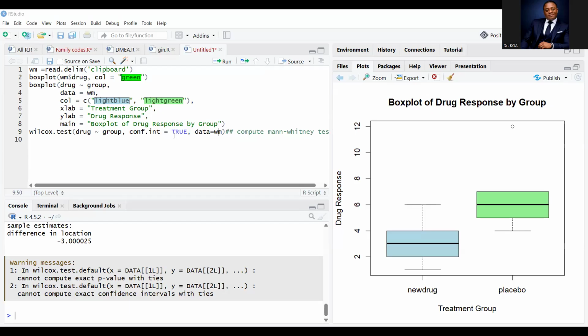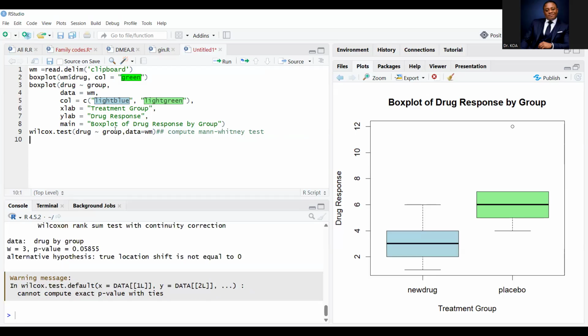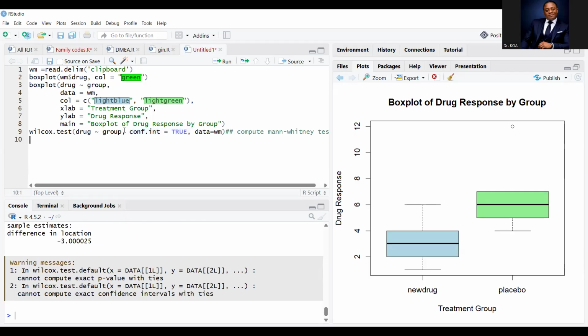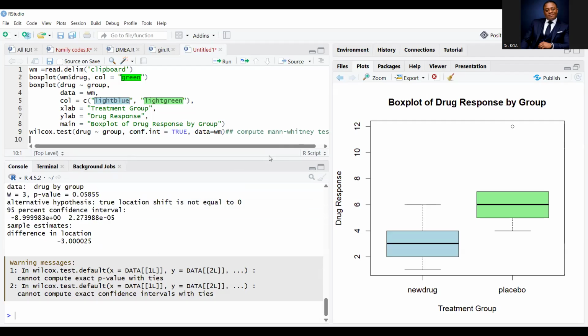Okay, let me just remove this one. Group data, Wilcox dot. Cannot compute. Oh, the results have even come. But let me undo this and go and see. The results have come. There are just some slight warnings, but don't worry about those.